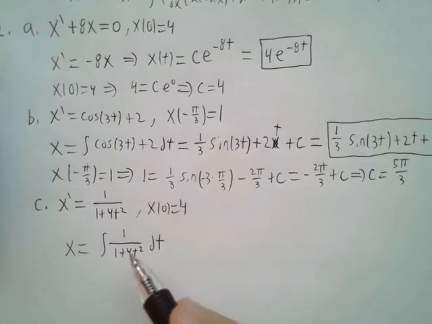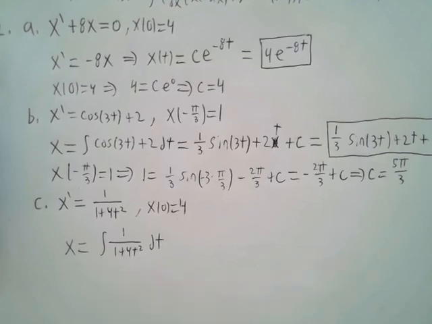So the thing to notice here is that if we just had 1 divided by 1 plus t squared, that's a common antiderivative you should recognize. It turns out to be arctangent.